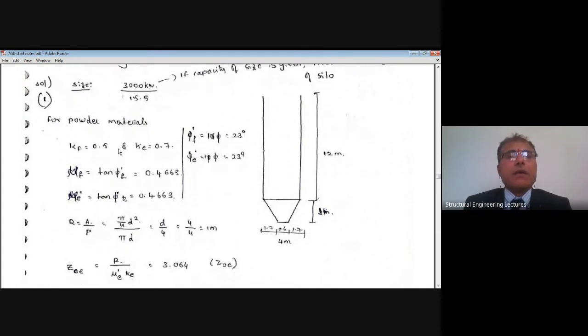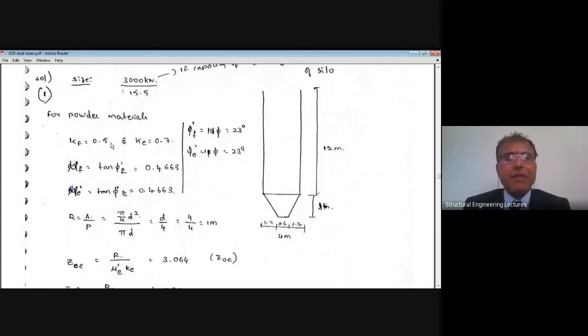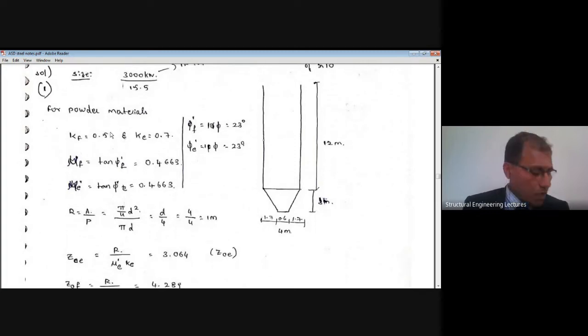Here cement being a powdery material, I'll note down from the code book IS 4995 the pressure coefficients. The pressure coefficient during filling is equal to 0.5, and the pressure coefficient during emptying is 0.7.